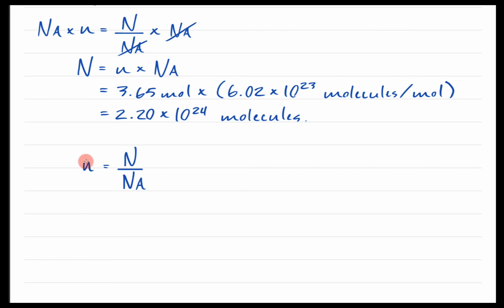Now again, we're not solving for the number of moles in this problem. We're solving for capital N. And so I want to get capital N on its own. And so to do that, I need to multiply both sides by n sub a. So if I multiply both sides by n sub a, then the n sub a's cancel on the right side.